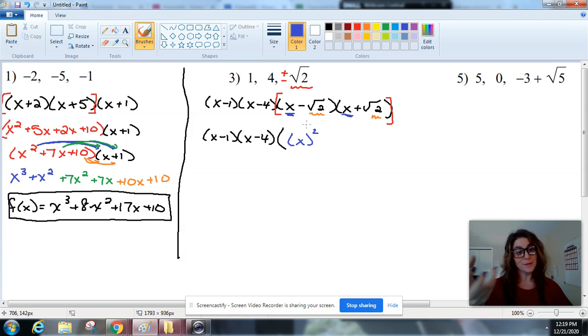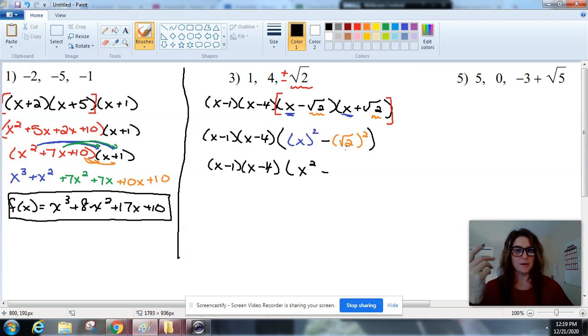If I had other whole values that were identical, they would go in that grouping too. One's positive, one's negative. When we multiply, we get a negative sign. And then radical 2 times radical 2 is a radical 2 squared. Okay, and then we would clean that up. So easy enough, x squared is just x squared. Square root of 2 squared is 2.